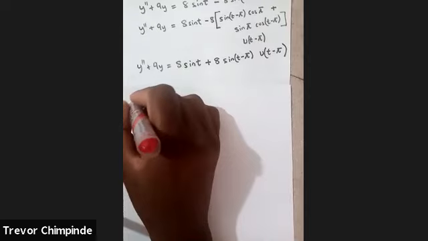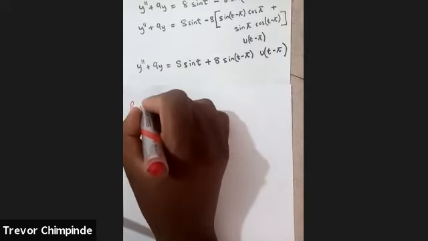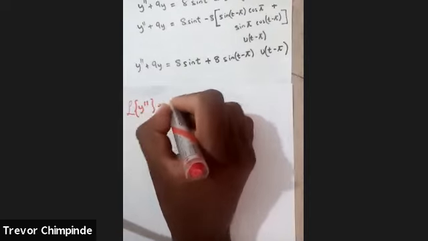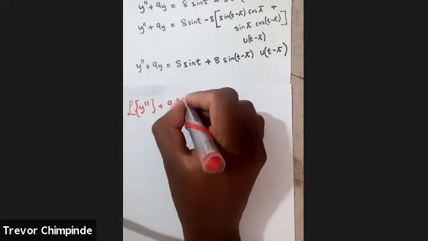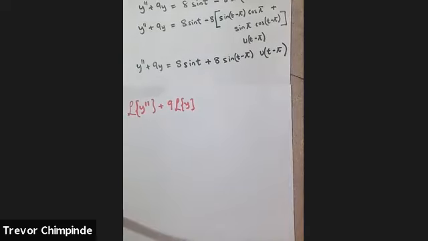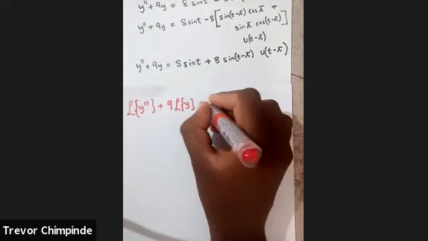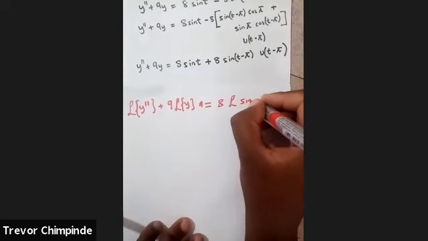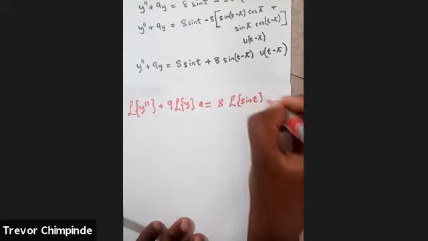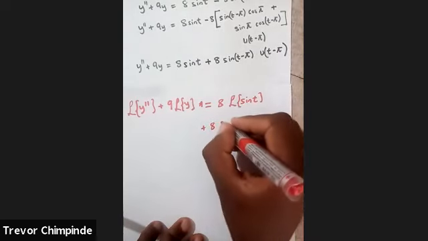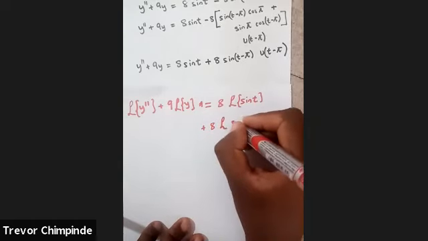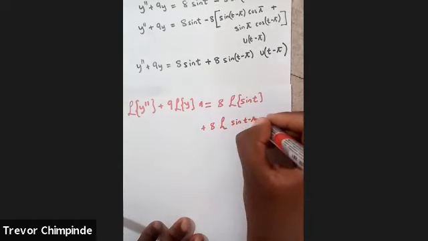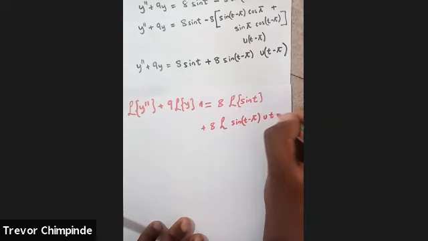Okay, so this will become Laplace of y double prime plus 9 Laplace of y is equal to 8 Laplace of sine t, then plus 8 times the Laplace of sine of t minus pi times the unit step u(t minus pi).